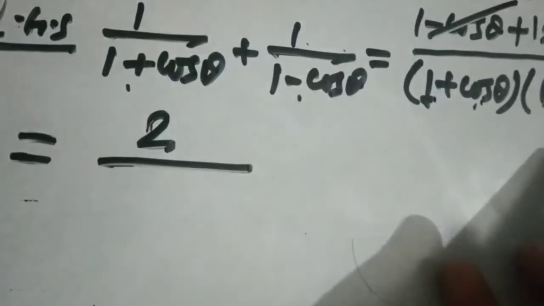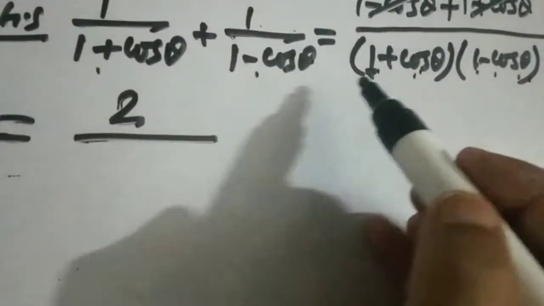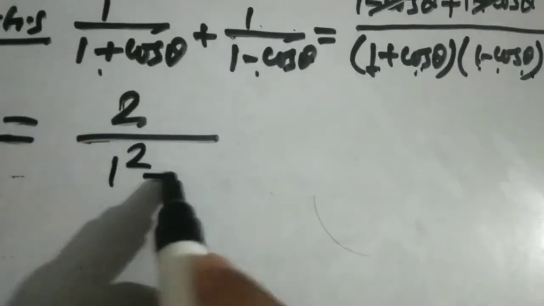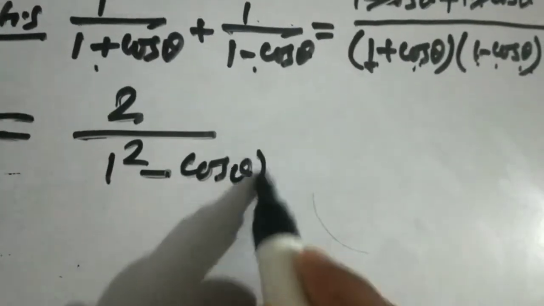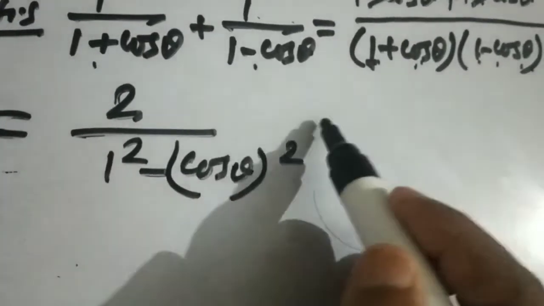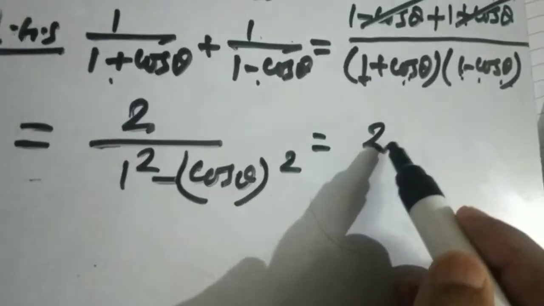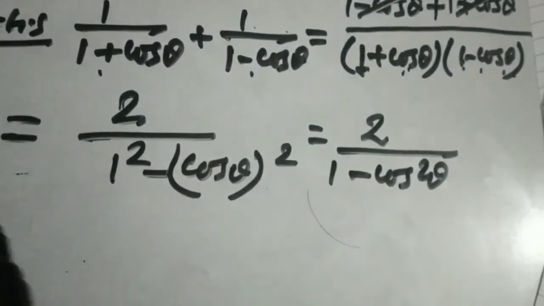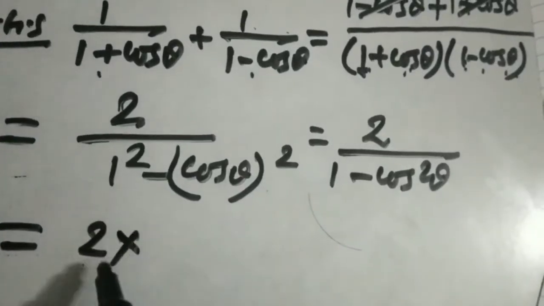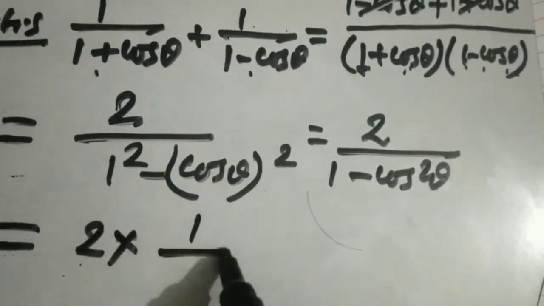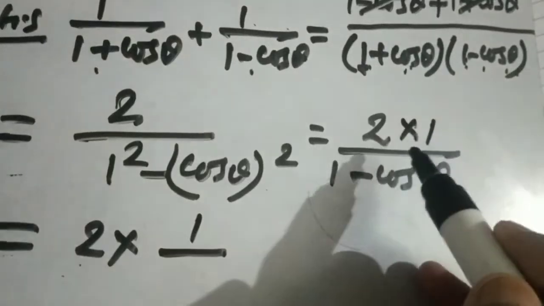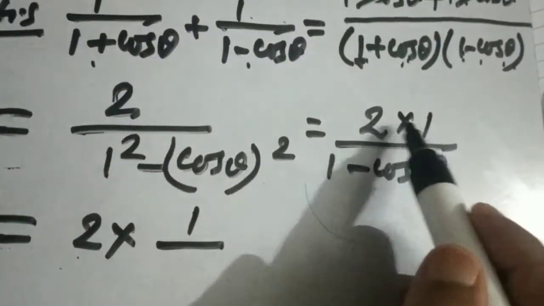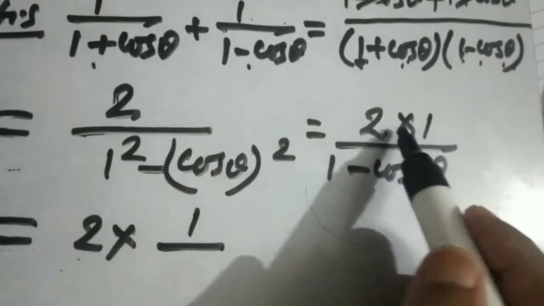a plus b into a minus b is equal to a square minus b square. Okay, so it will be equal to 2 upon 1 minus cos square theta, and 2 multiplied by 1 remains 2.